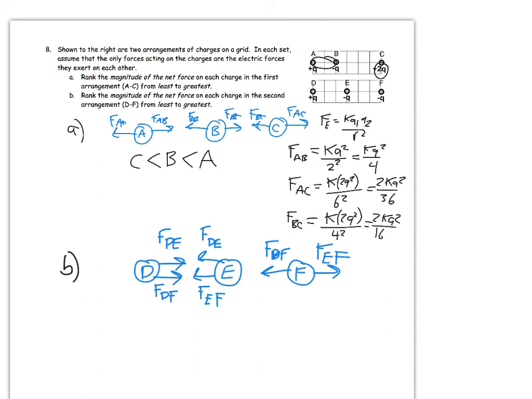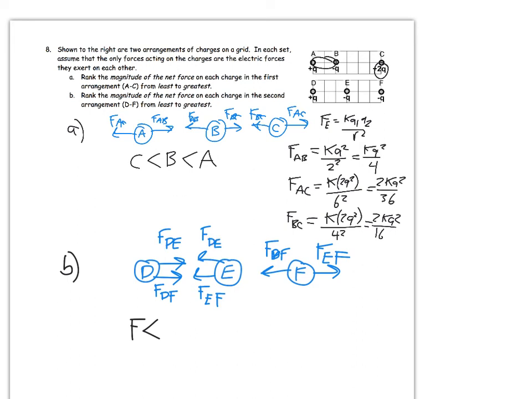So the first thing we can do, and this one we can actually get one conclusion right off the bat, we know that F is going to be the smallest because it has 2 forces opposing each other. Whereas the other 2 objects have each one of these forces, but they're combined with another force. So the next thing then we want to think about is these 2 forces, FDE, are the same for both.